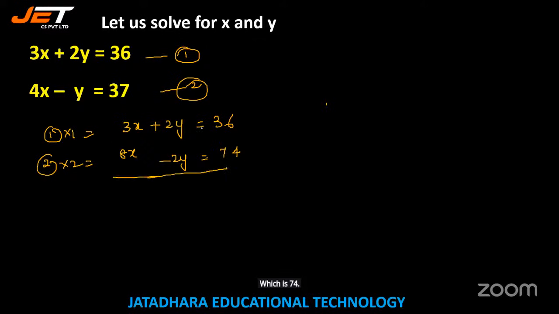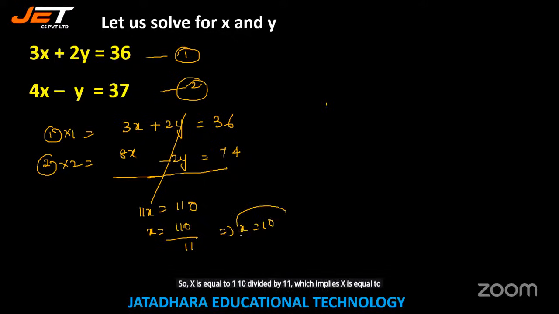All right. So now we can add up these two. So 11x is equal to 110. Am I right? So x is equal to 110 divided by 11, which implies x is equal to 10. Right? So now just put it in any one equation. 4x minus y is equal to 37. 4 into x is 40.